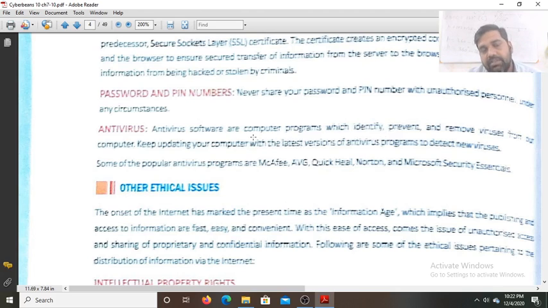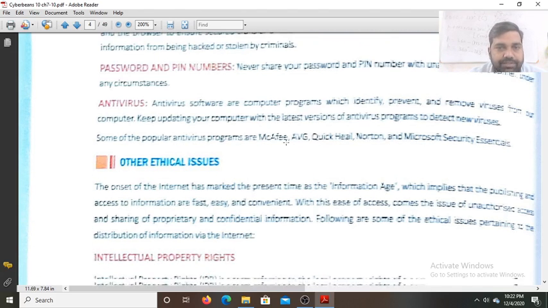Keep updating your computer with the latest version of the antivirus program to detect new viruses. Some of the popular antivirus programs are McAfee, AVG, Quick Heal, Norton, and Microsoft Security Essentials. These are the antivirus software which you can use.